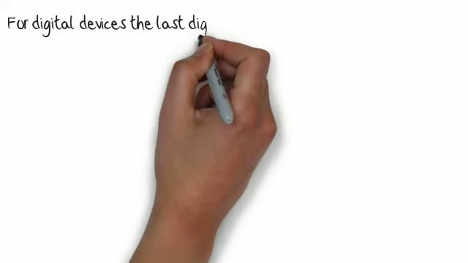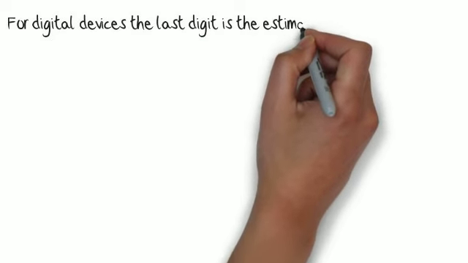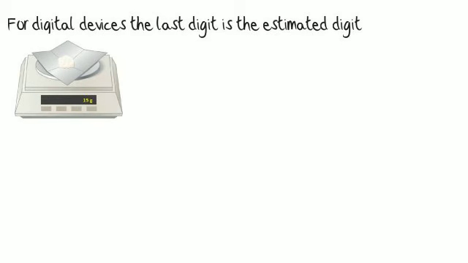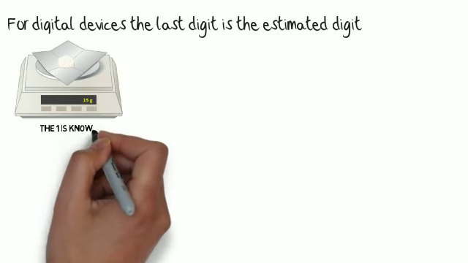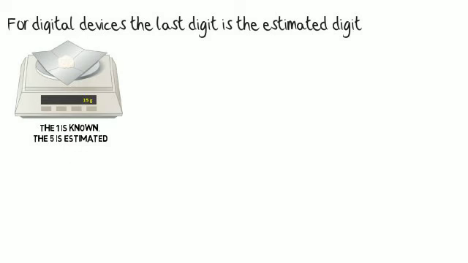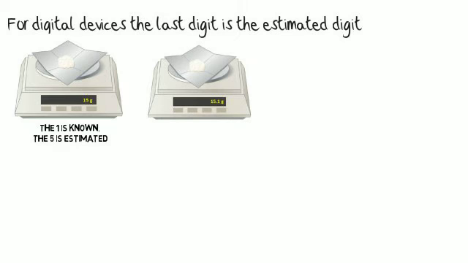For digital devices, the last digit is the estimated digit. If you look at this balance here, the 1 is known for certain, the 5 is an estimated digit, so that could be something that would round to 15.